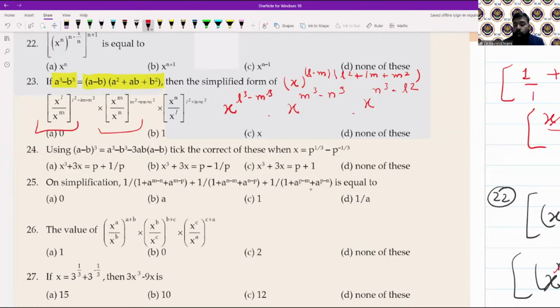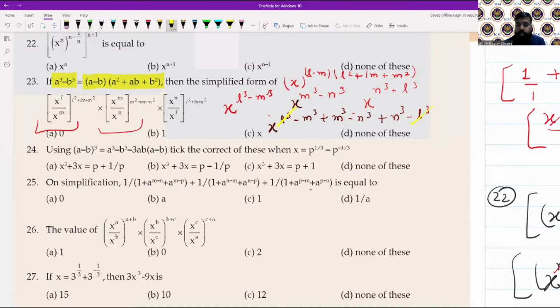Now, if we add all the powers, what will happen? They will cancel themselves. So x to the power of L cube minus m cube plus m cube minus n cube plus n cube minus L cube. So each and everything is getting cancelled.